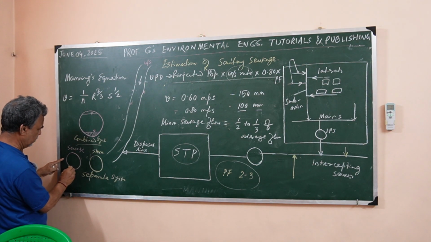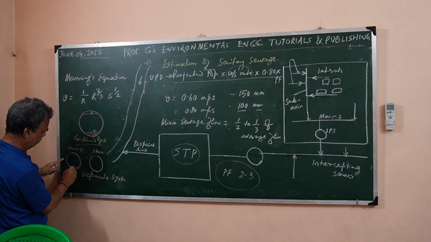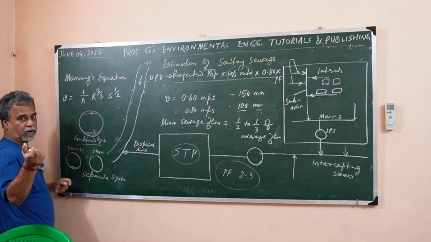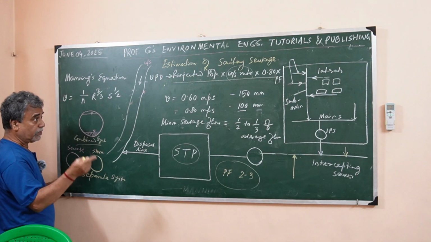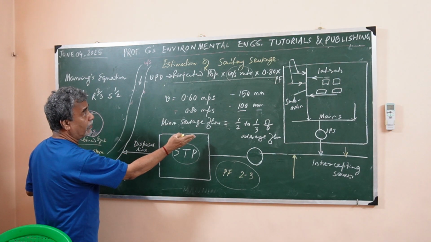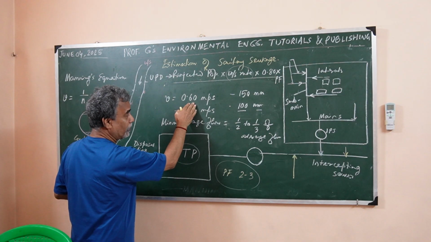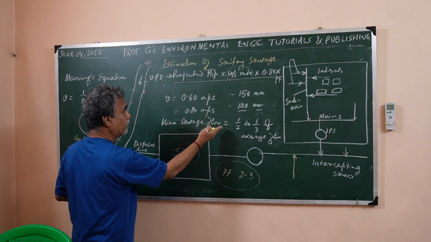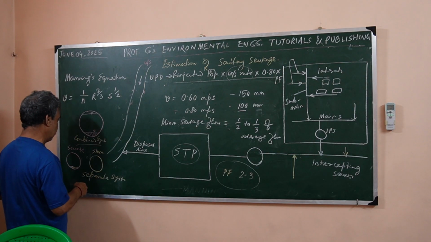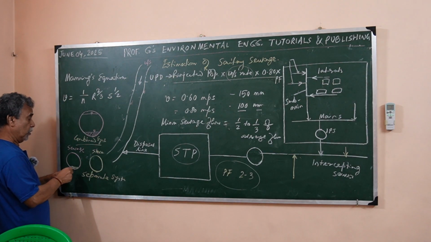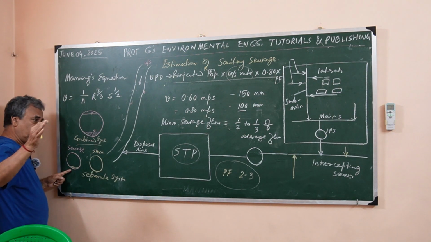So this is the sewage stream. Suppose deposition of sludge may take place here, resulting from the velocity being lesser than 0.6 or sometimes 0.3 meter per second, in which situation it may deposit. But when the peak flow comes, it will be flushed out.